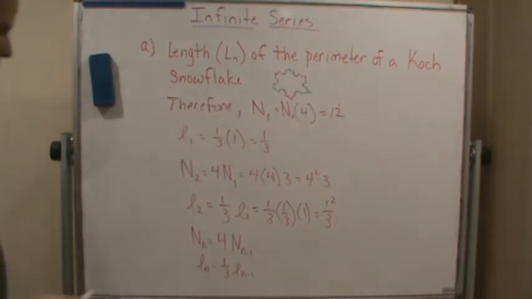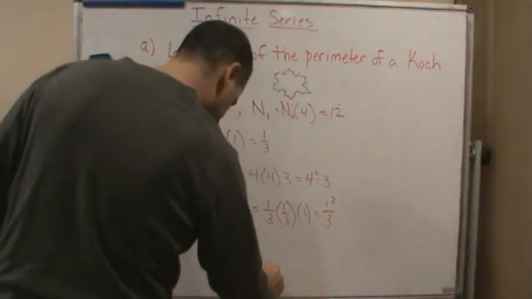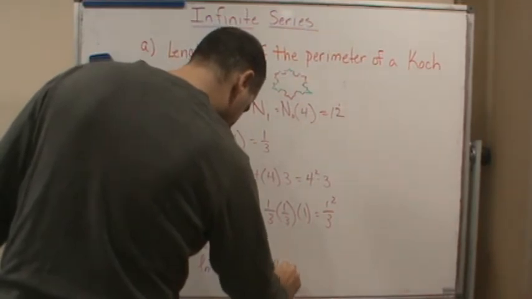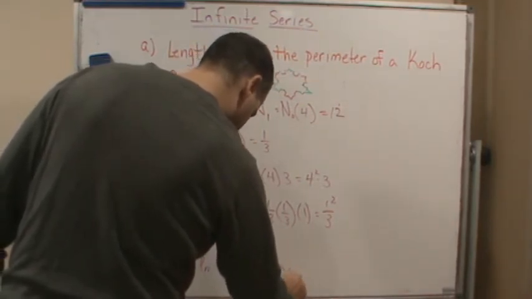Okay, so we could also write this as L sub n minus 1 over 3.